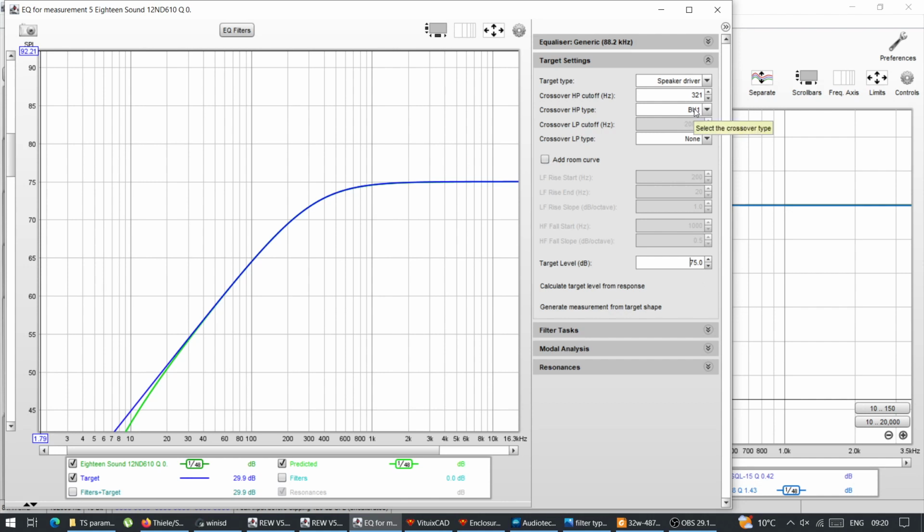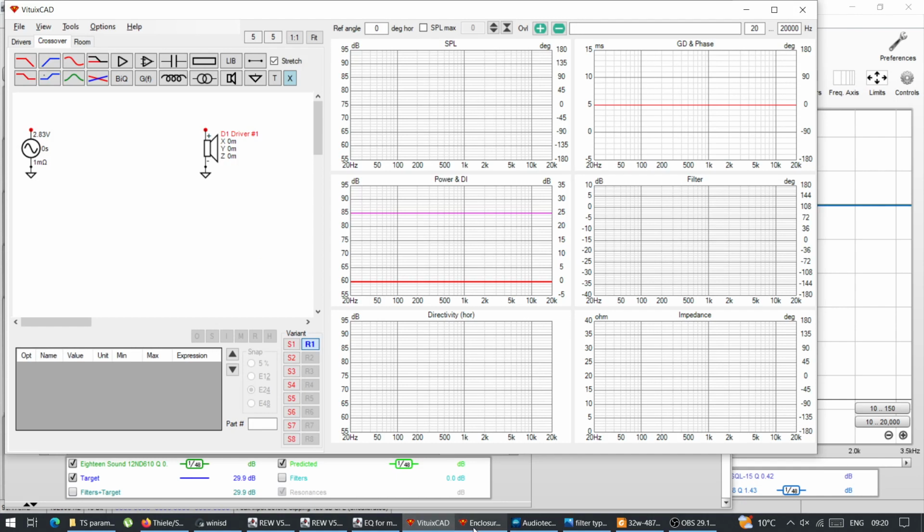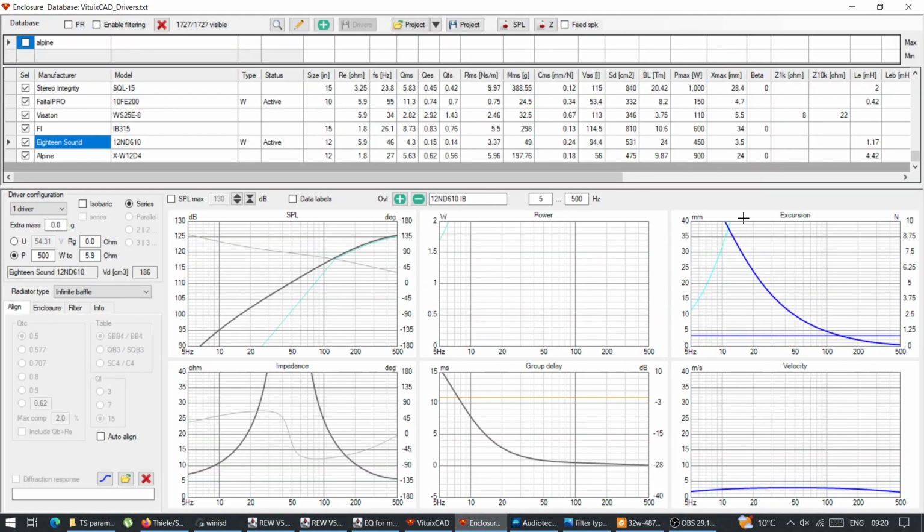And if you can imagine, if you put a 6 dB slope crossover on a driver, it doesn't really protect it unless the crossover frequency is very high. So that's why this one is going over excursion. This one needs some kind of support to manage the excursion.